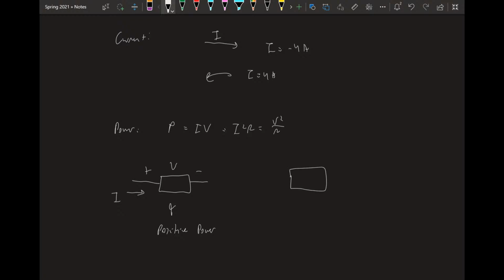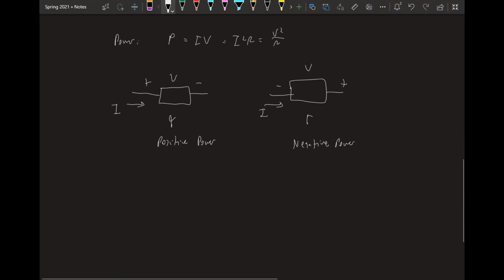And likewise, if we have a negative terminal and we have current entering the negative terminal, it's defined as negative power in the passive sign convention. And we call positive power absorbing, and negative power is delivering.